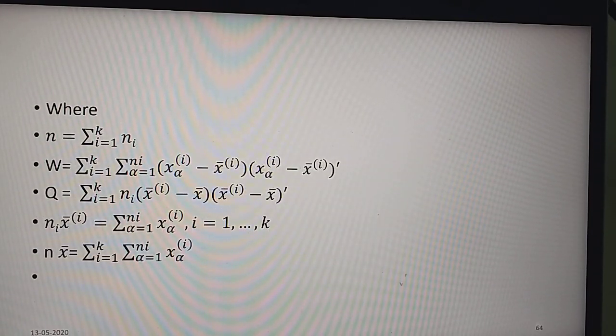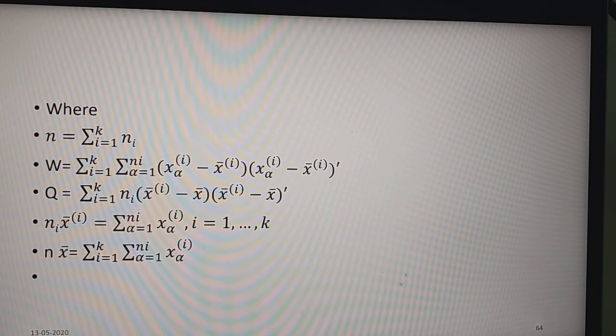What are these? N is summation Ni, where Ni is the sample size from the ith population. So n will be the total number of observations, n1 plus n2 up to nk. And W is the within matrix given by this.